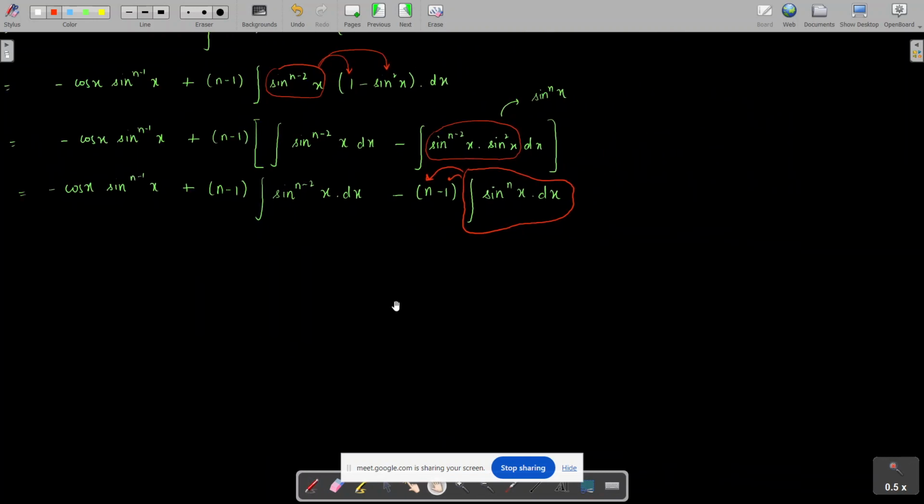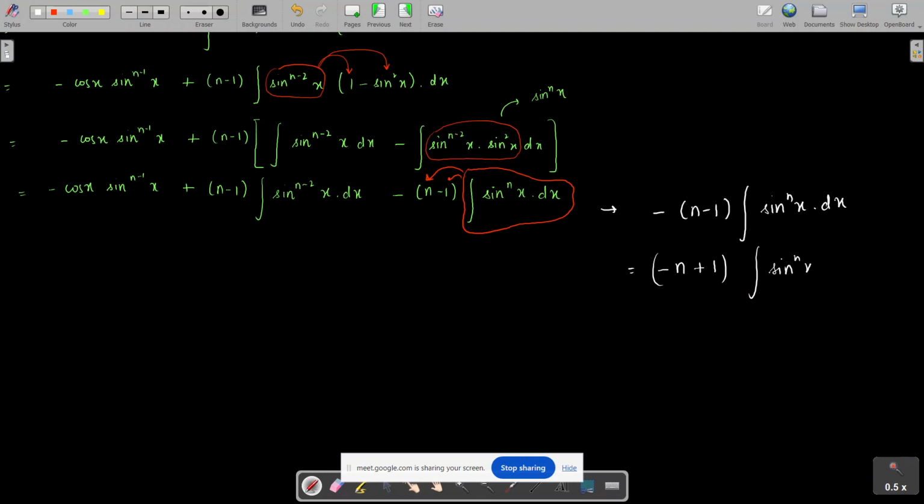So let's just do it on the other side over here. So we have negative n minus 1 and this is multiplied by this integral. So firstly, this is nothing but negative n plus 1. First I'm distributing this, sine nx.